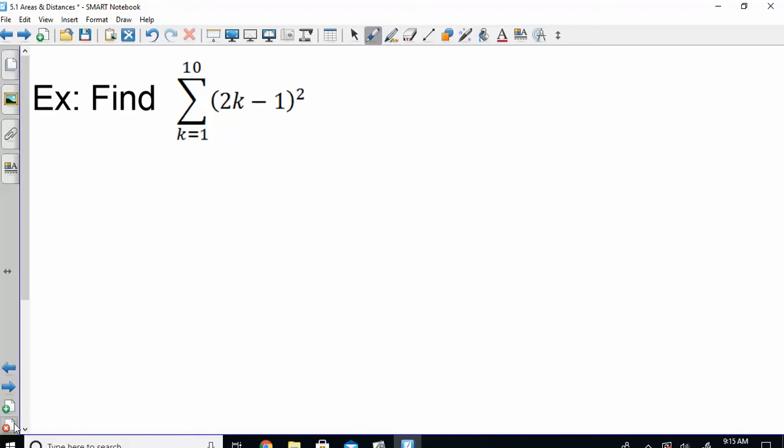This is a little bit different because I have that square on the outside. What should I do? Foil it out first. Very good. So if we do that, write it twice and FOIL.